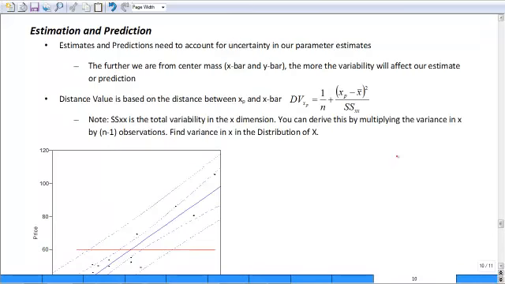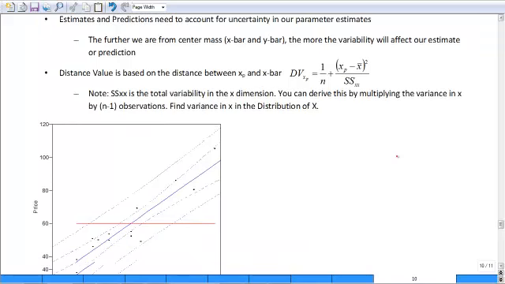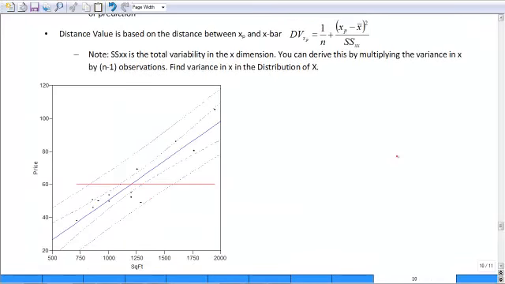The next two things we're going to take a look at are estimation and prediction. Estimation and prediction are a little bit more complicated because we need to know how far we are from the center of mass. The reason for that is this uncertainty in the slope. Center of mass is the center of the data set. If we have estimated a slope of 0.0479, but the true slope happened to be 0.0606, that would be our line.